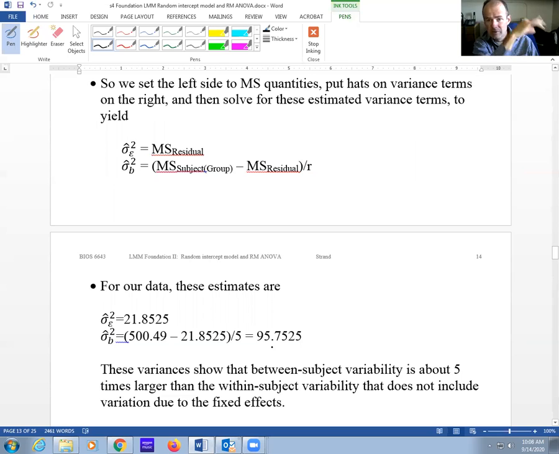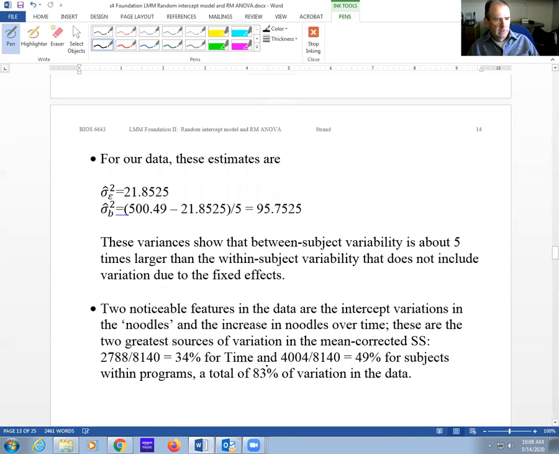If a subject started high, they stayed high, and so forth. I think that's reflected in these numbers: there's more between subject variability than within subject variability after you account for fixed effects. Okay, so we see that in these numbers.